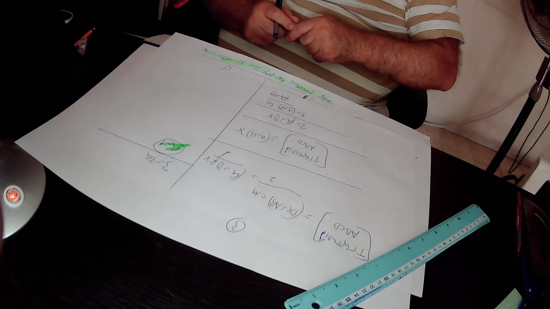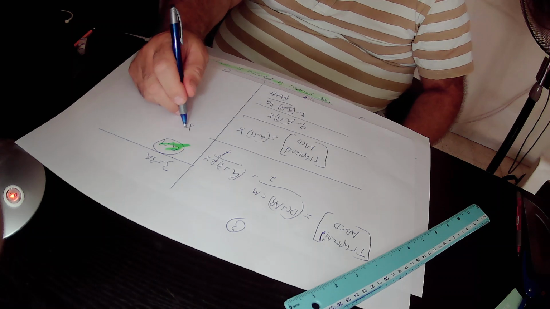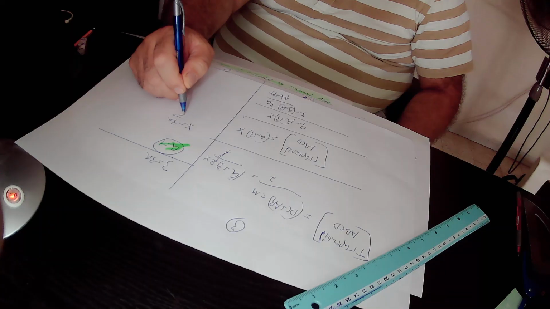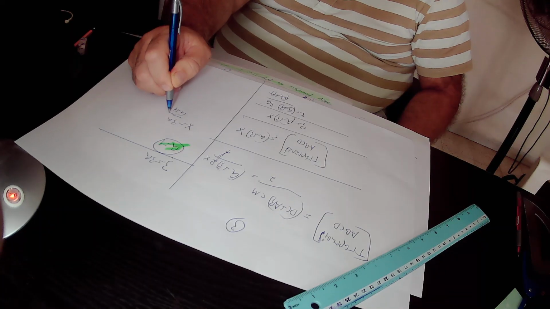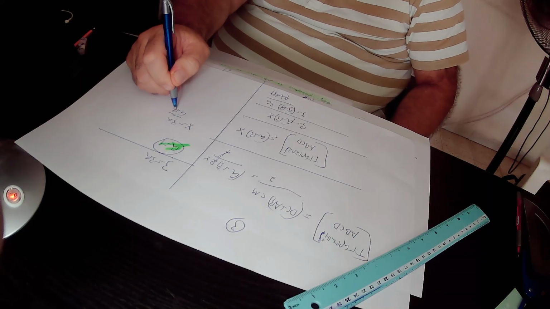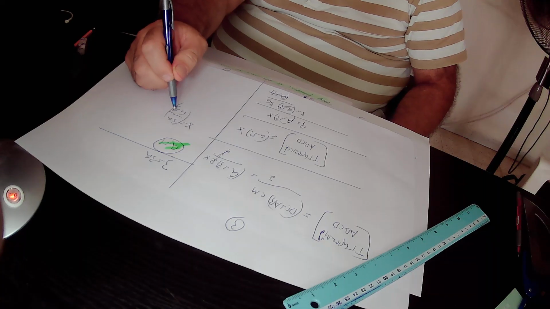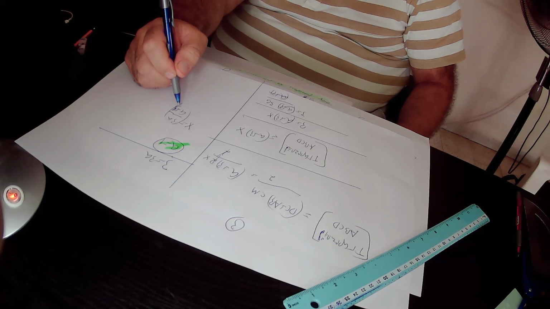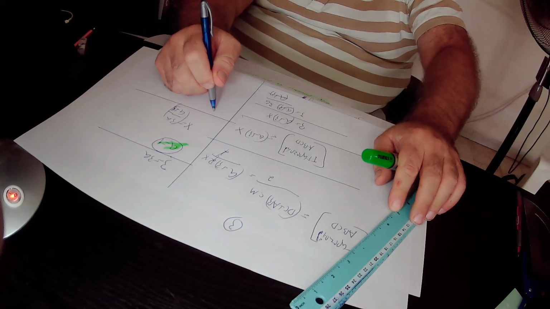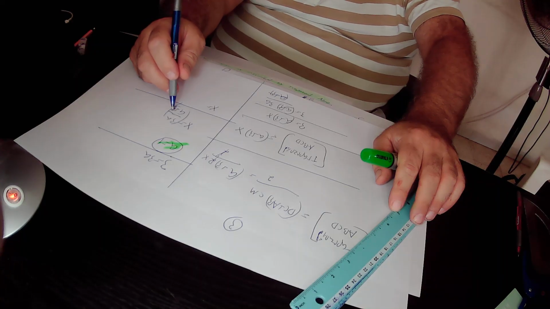So we can substitute into x. We found out that x equals 3a over a plus 3. So we can substitute a in this equation by 1, and we get that x equals 3a.